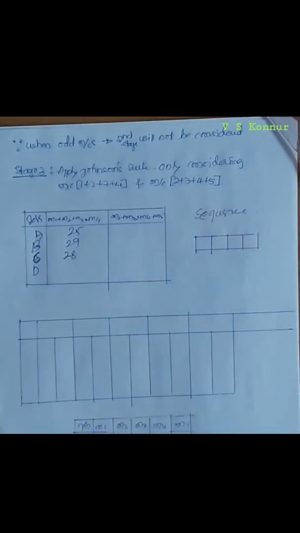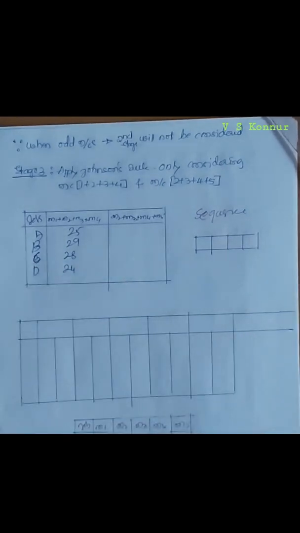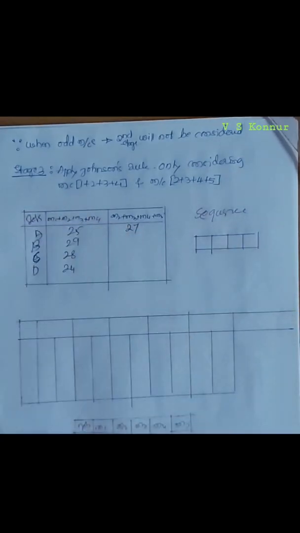For D, 24. Next we have to add M2 plus M3 plus M4 plus M5 for all the 4 jobs. You can check later.